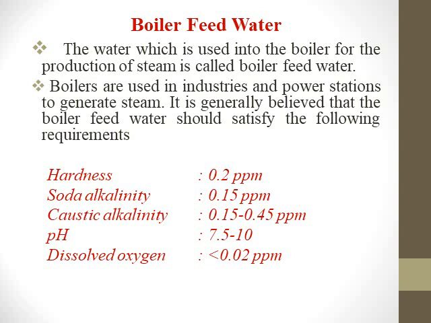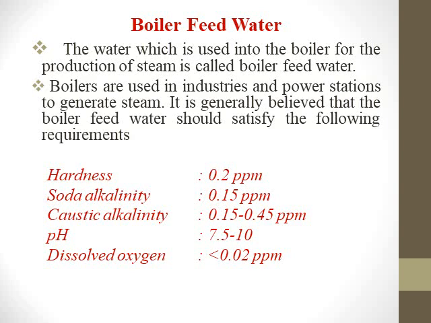And caustic alkalinity. Caustic alkalinity covers all the caustic elements, alkali and alkaline earth elements put together. Caustic alkalinity should be between 0.15 and 0.45 ppm, and pH should be maintained near neutral. If it is not neutral, you can go up to pH 10, which is basic.